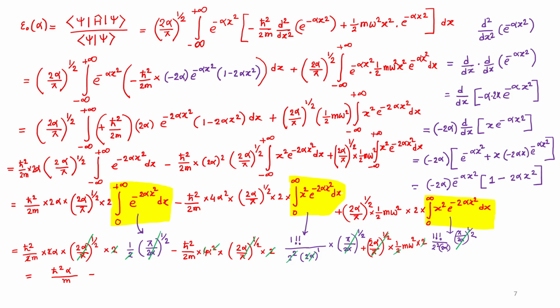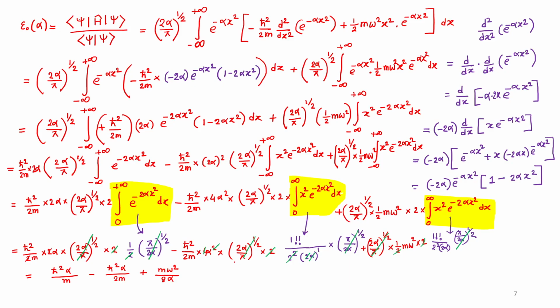Then we have h cut square alpha by 2m. Okay, and then in the third term we are going to have m omega square in the numerator and in the denominator we have 4 and then we have 8 alpha.